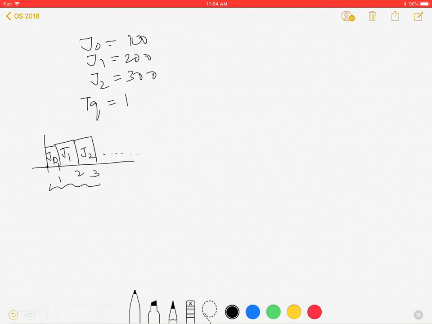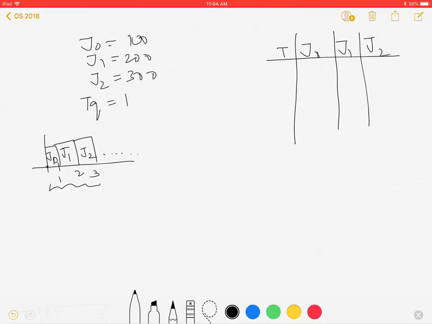So in order to make this easier, we'll maintain a data structure where we capture, for different time instances, the amount of running time left for J0, J1, and J2. So at time t equal to 0, when all the processes come, J0 has 100 units left, J1 has 200 units left, J2 has 300 units left.